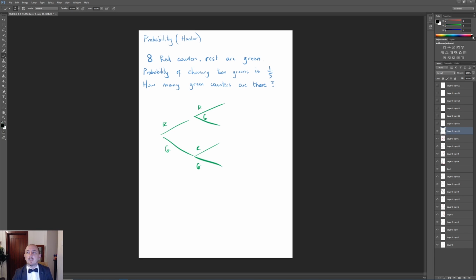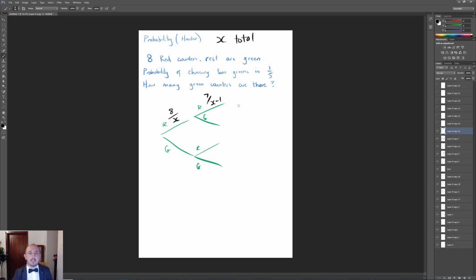Red is going to be 8 out of the total, which we don't know, so let's call x the total. 8 out of x, and then if I was to go red again, it would be 1 less, and the total would be reduced by 1. So that would be going red, red.